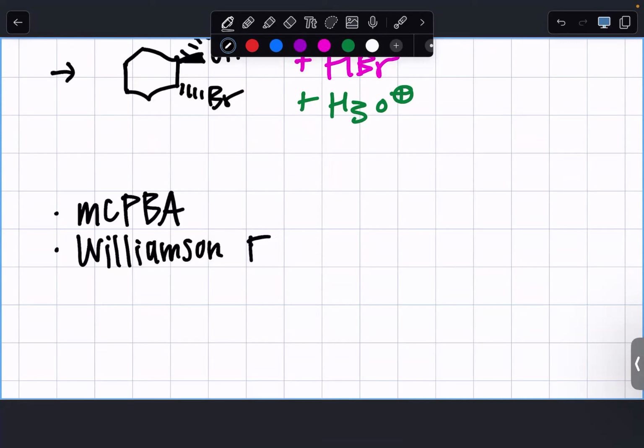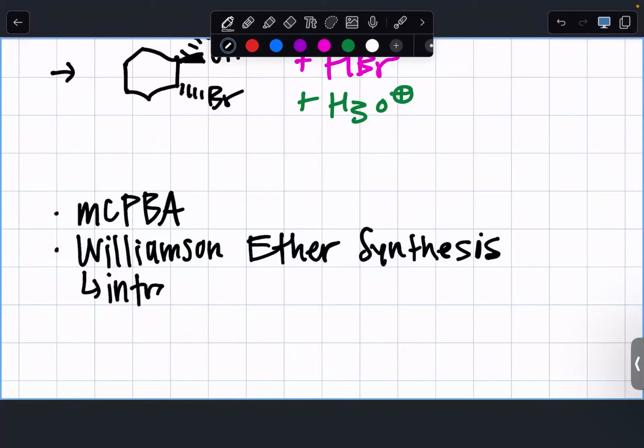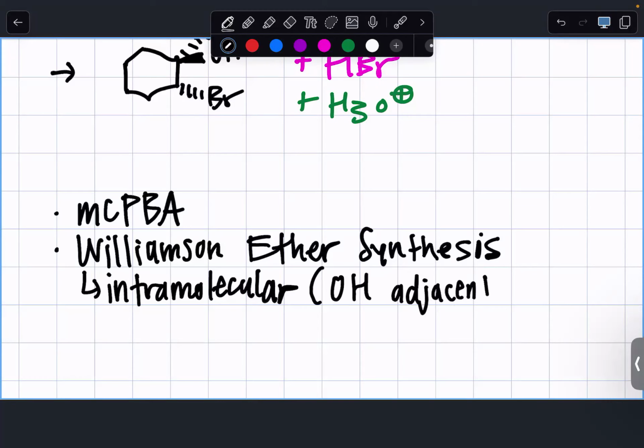Specifically the intramolecular one. And that's a big sign if you see an alcohol adjacent to a good leaving group like bromine. It's most likely bromine, adjacent to the alcohol.